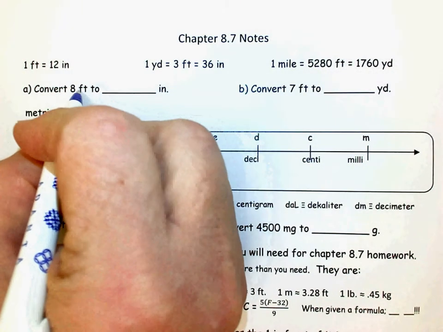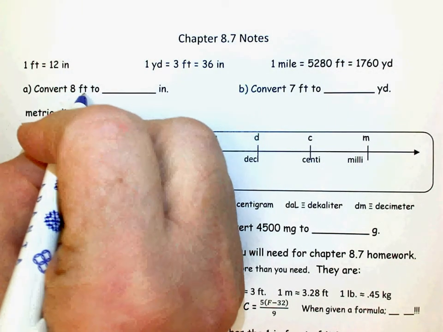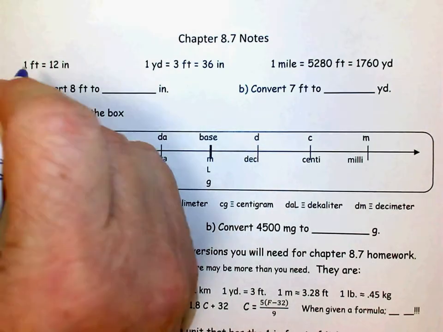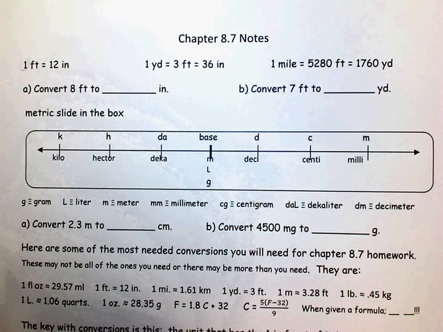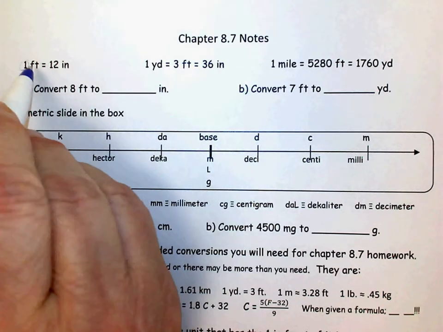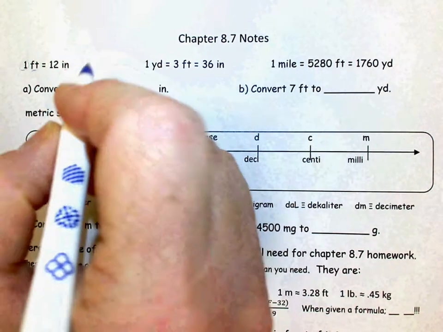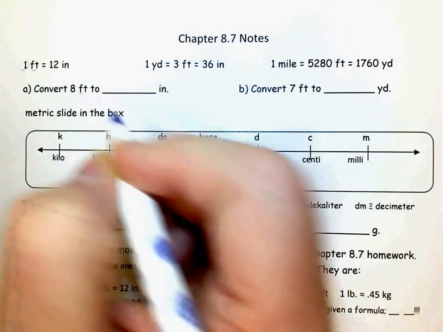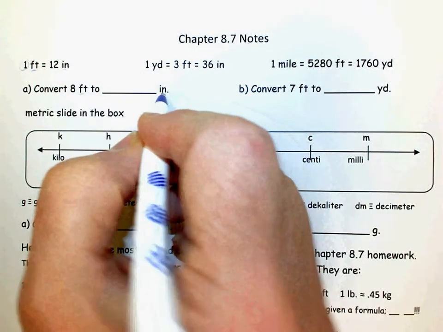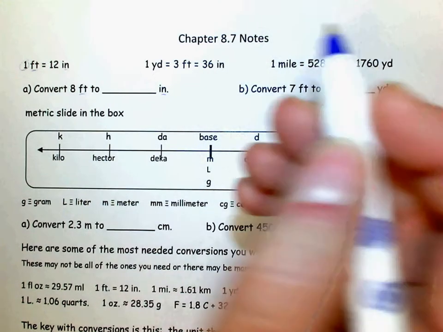Now, converting 8 feet into inches, the item that has the 1 is considered the big. And so if we're going from the big unit to the small unit, we usually multiply. So we're going from feet to inches, which is big to small.